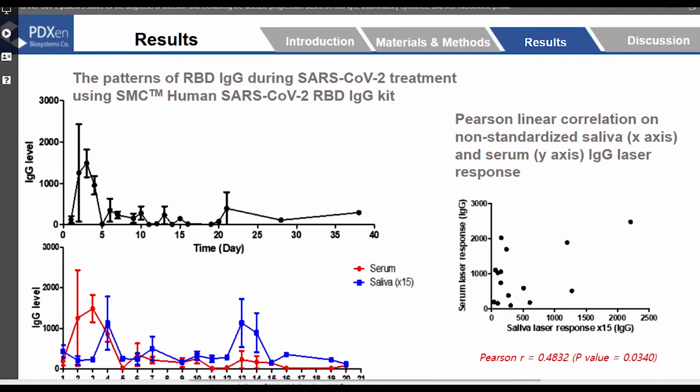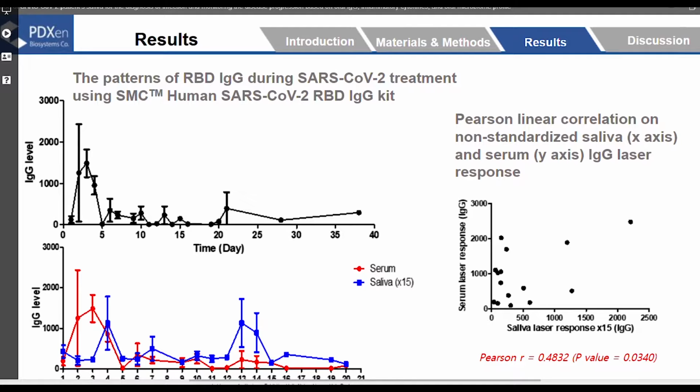In the next picture, the red color is where we tested the saliva, while we also tested the serum. The pattern is very similar, but the level is a little different, because the serum increases later. When patients remain with COVID-19, their IgG levels are still higher.